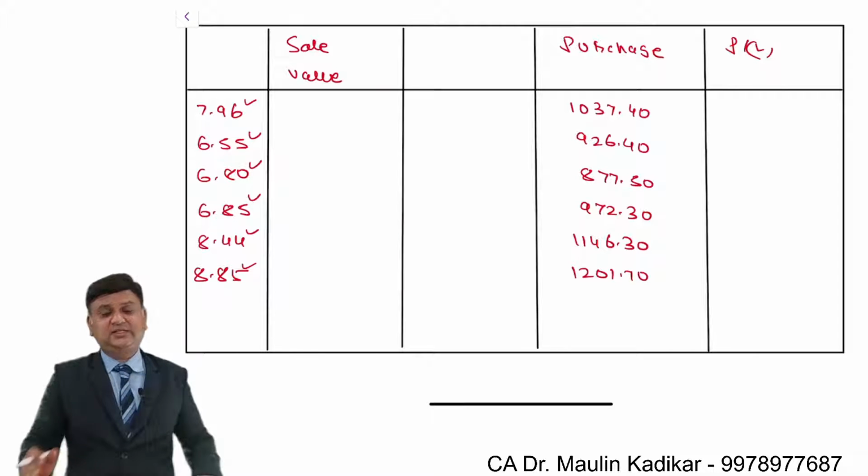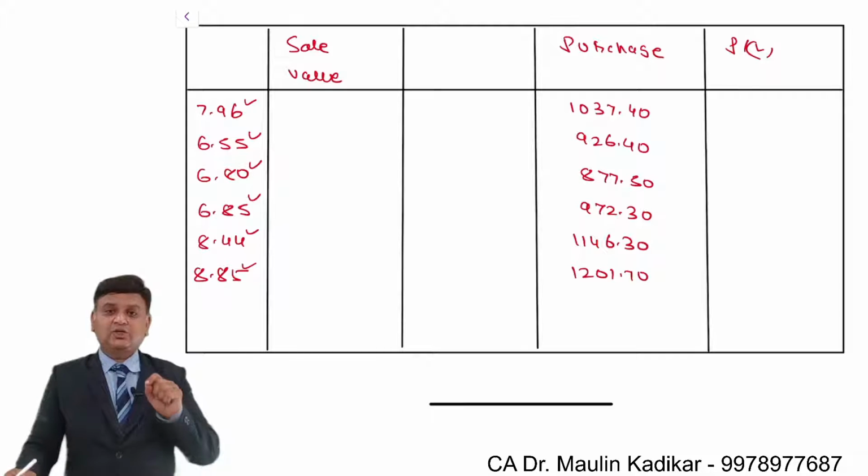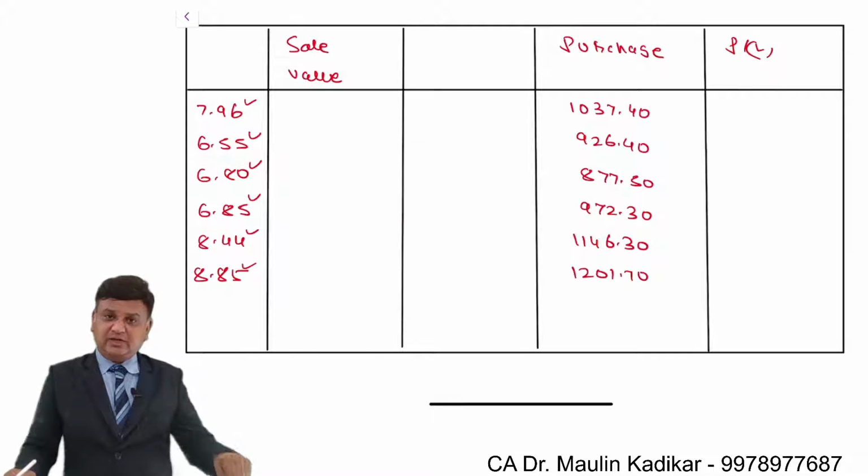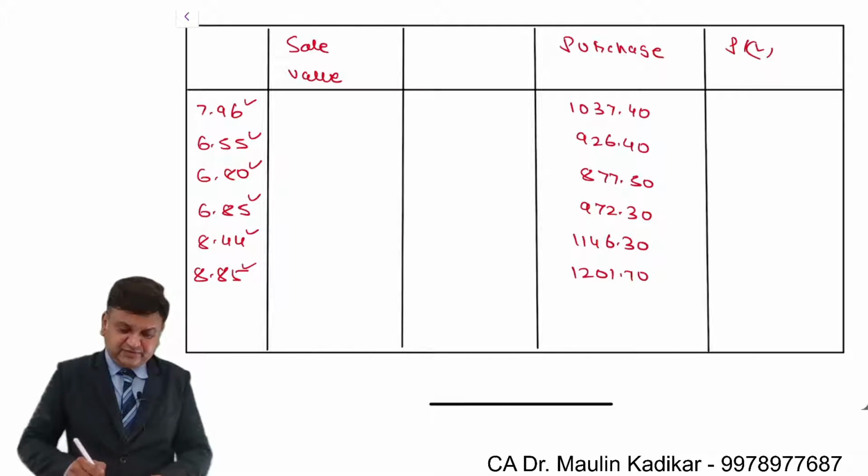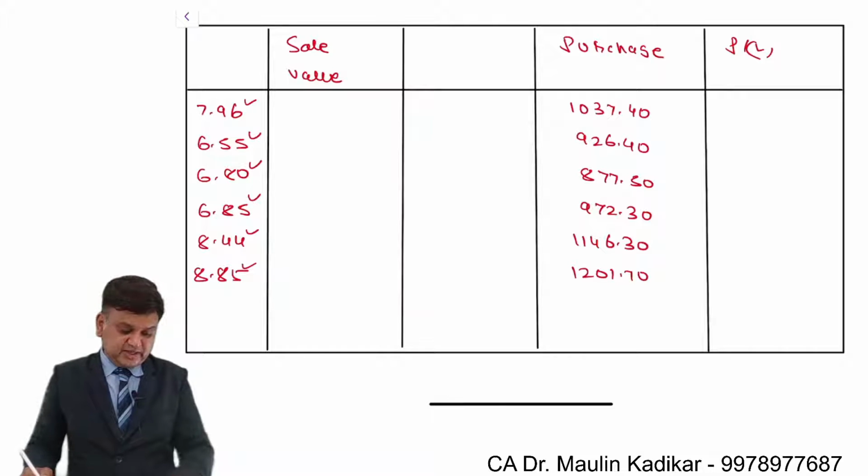So how can I deliver the security? That is the question. So the Reserve Bank of India, National Stock Exchange allows me to give delivery of one of these securities. The question says that the exchange provides following details of the eligible securities that can be delivered.